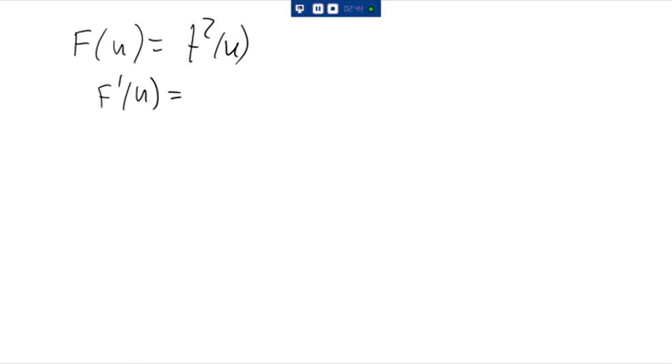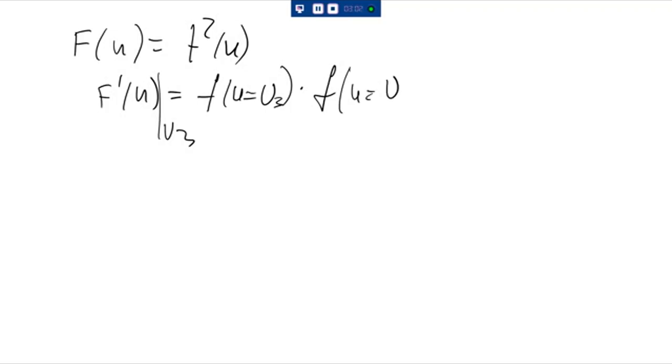Now we are ready to find the derivative of function F of u, which is the double composite of function f small. The derivative of F over u, we have found, would be the derivative of f small over u when u equals u3, let's say here, u3, times f prime when u equals u4.